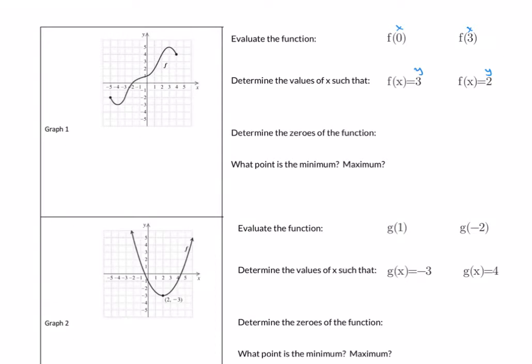So if we look at our graph, here is x equals 0. We want to move along this line and figure out where the graph crosses. It crosses right here. And so we get y equals 1. f of 0 equals 1.